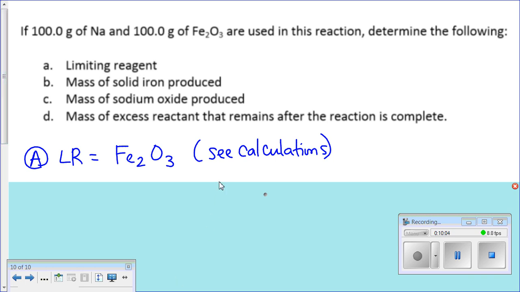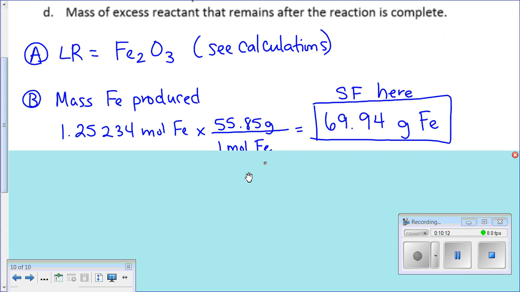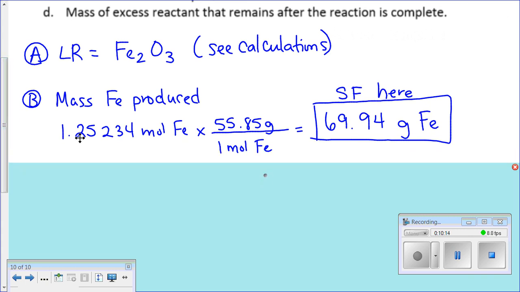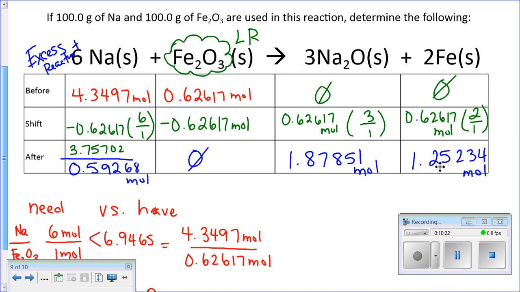Second, they want to know what mass of solid iron is produced. Well, I don't know the mass of solid iron that is produced, but I do know the moles of iron that are produced. So this number right here is directly from the table. I'm going to go back and show you. Right here, this is the number of moles of iron that are produced.